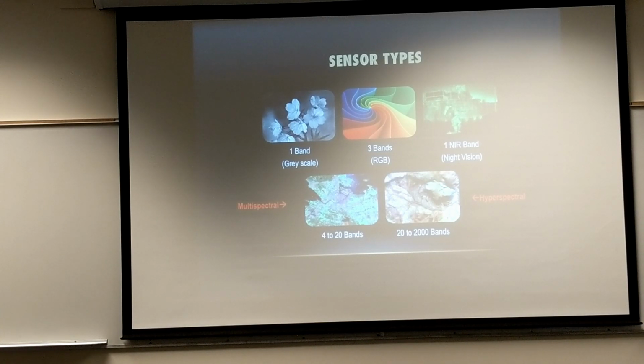But when you start getting more than 3 bands, this is where you get into the multispectral range. And this is commonly on satellites. You'll have 5, 6, 10 bands. And those bands may cover the visible, so you'll probably get your 3 RGB bands, but you'll get bands that go into the near infrared. They'll be picking up information maybe at 1 microns, 2 microns, and so on. Now there are lots of hyperspectral sensors coming out, and they collect data with 20 to 2,000 bands.